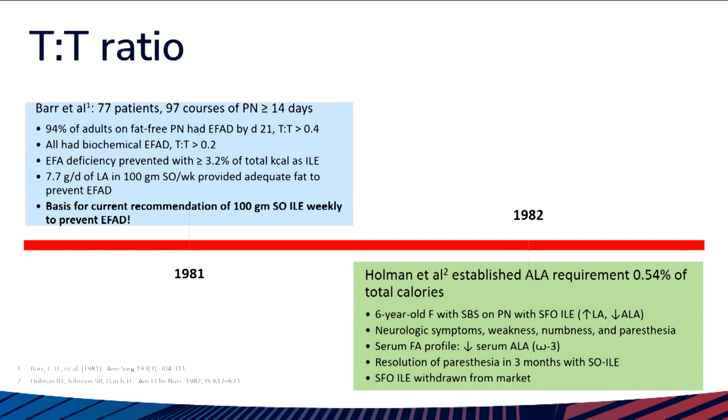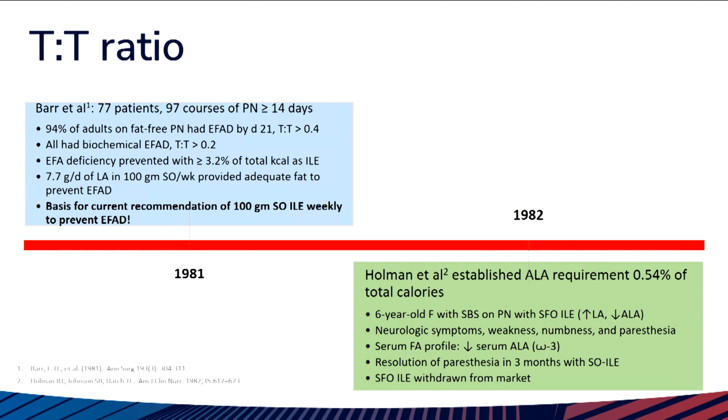What's important to note is that that is 100 grams of 100% soybean oil ILE. The minimum dose to prevent EFAD of your alternative lipids that are not 100% soybean oil is different. So it's really important to contact the manufacturers and look at guidance from professional organizations, because that will not translate the same way.